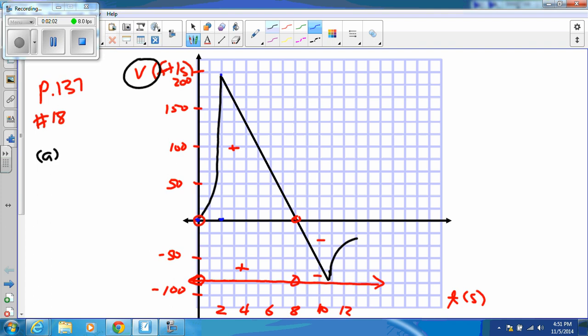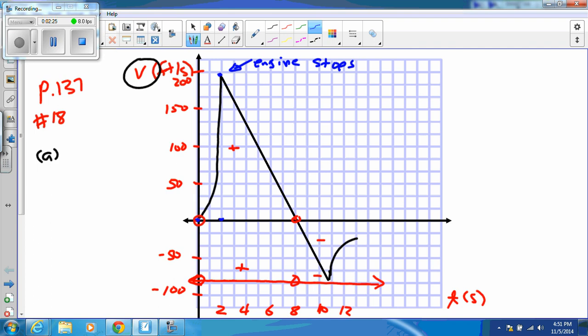Then right here at t equals 2 seconds, the speed of the rocket begins to decrease. So I conclude that the engine stops here, because that's when the speed stops going up. And we've got to spell stops correctly.